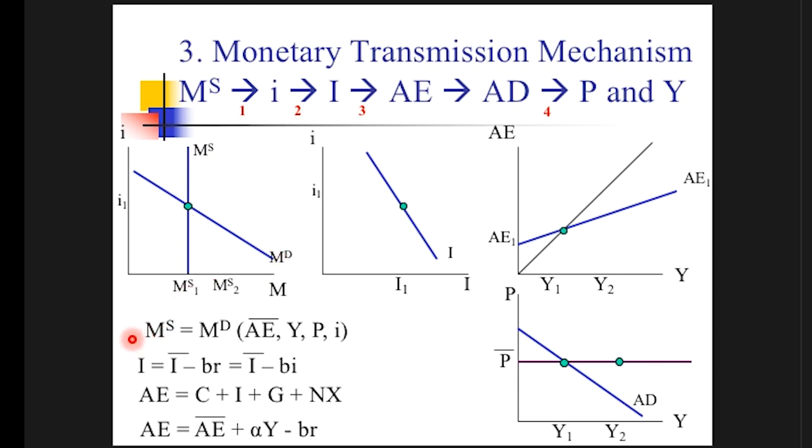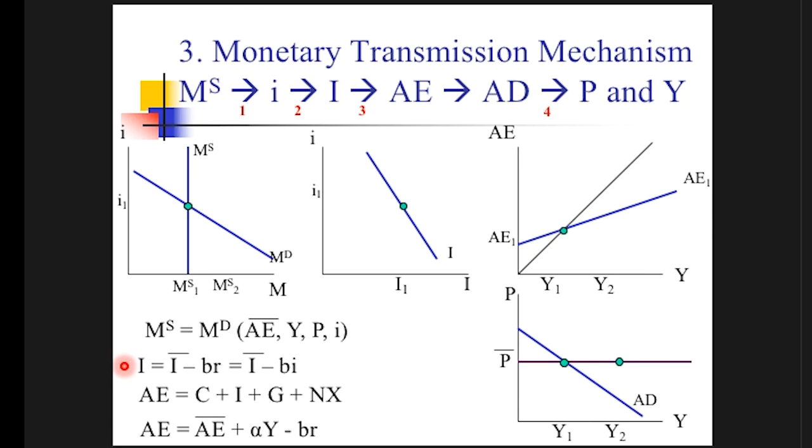And this is the equation to show the equilibrium in the money market. The second diagram shows the relation between interest rate and investment. And here we have the equation for investment.